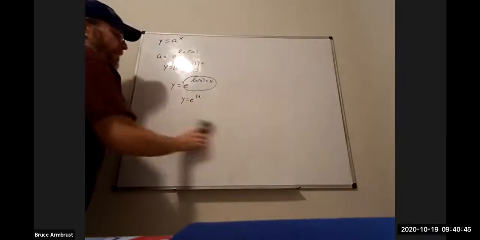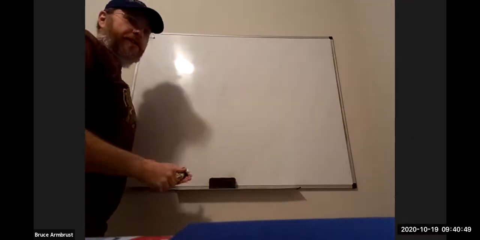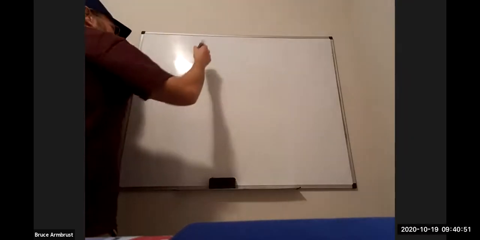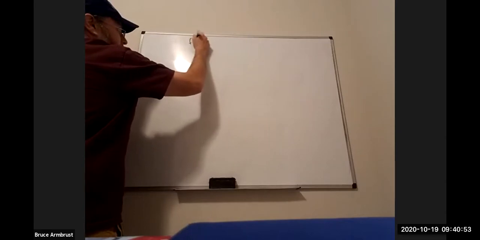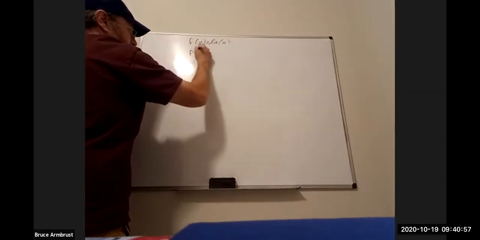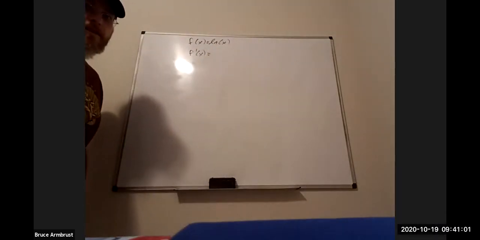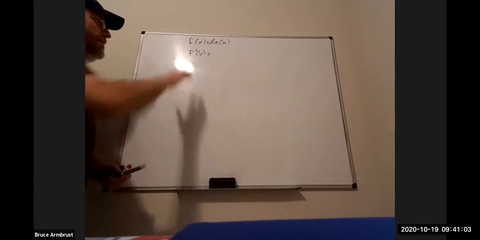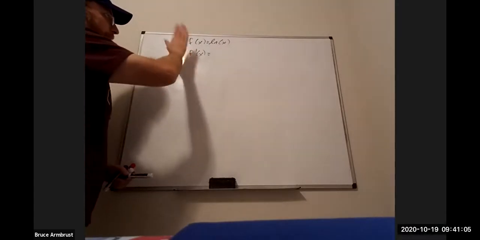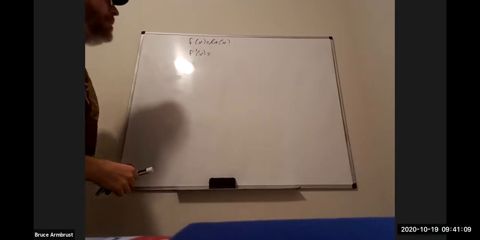So let's start here. We're going to try to find the derivative of natural log of x. So here's our goal. We're going to have a box here where we're going to put in our f prime of x.